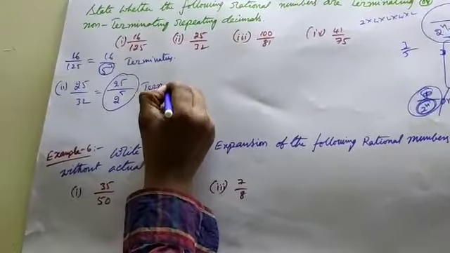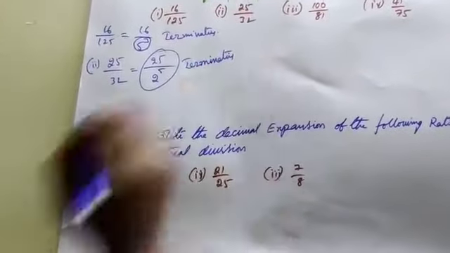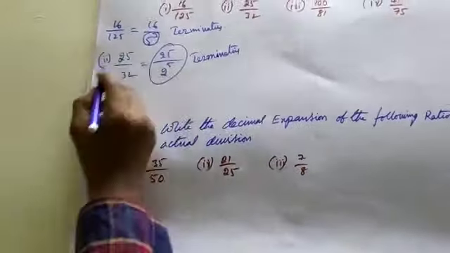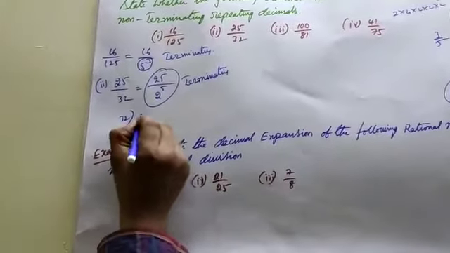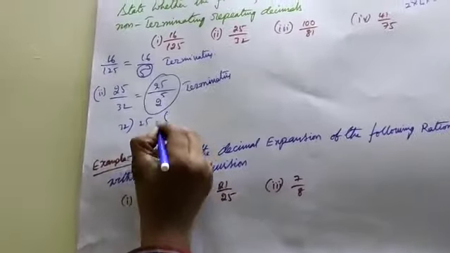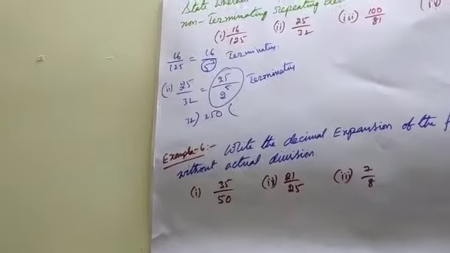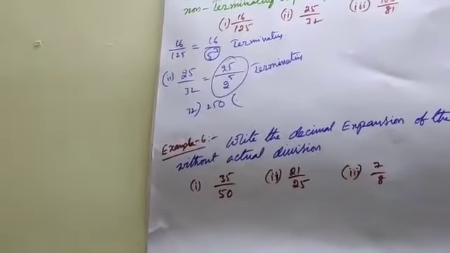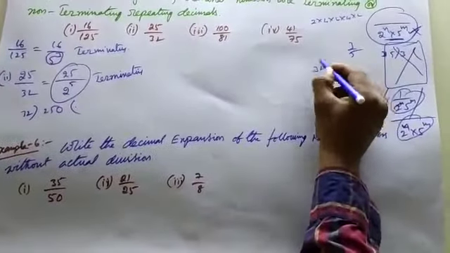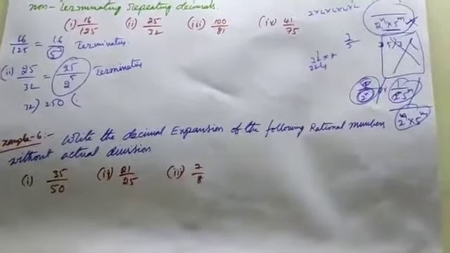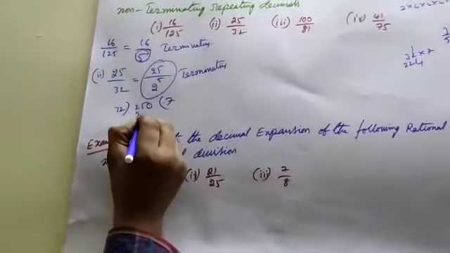What is the meaning of terminating? Already well known to you: remainder 0. For example, if we have doubt, see, divide 25 by 32. 25 is smaller than 32, so 0.0. How many 32s? 32 sevens are 224.